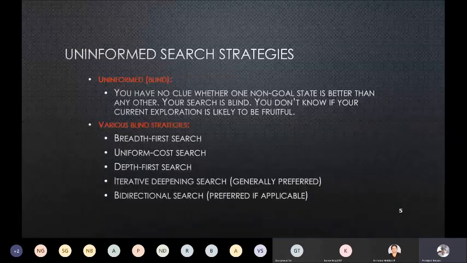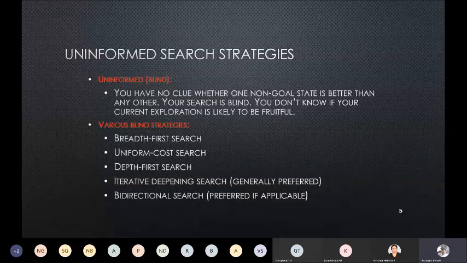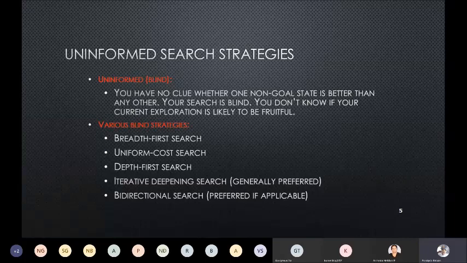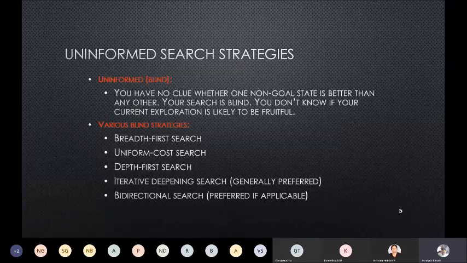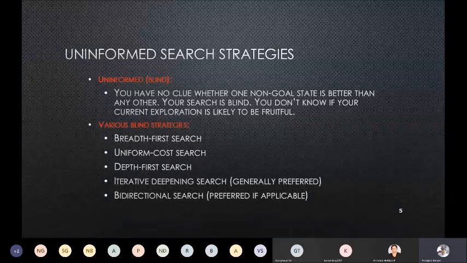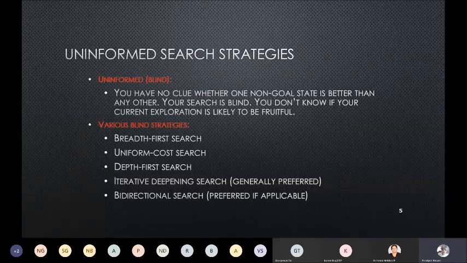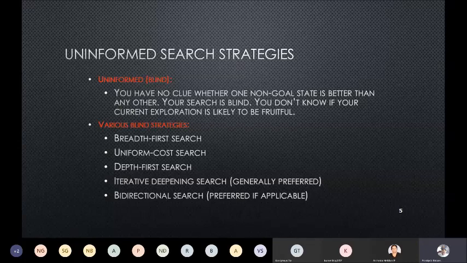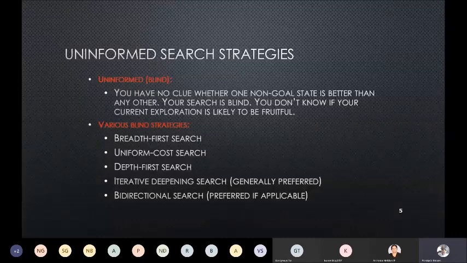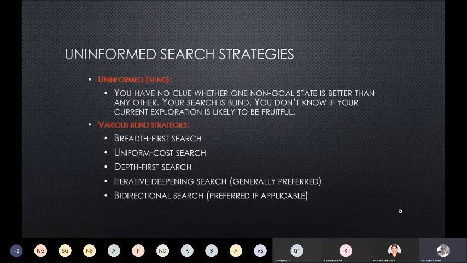So I have to explore various options, and there are different techniques for that. One is called breadth first search, another uniform cost search, depth first search, iterative deepening, and bidirectional search. At this point, it may appear to you, why are we learning uninformed search strategies, because we are talking about AI and we must have some way to know which is good for us. But look at the problem from a different perspective: for an uninformed search, we do not need any extra information except the state space and the operators.